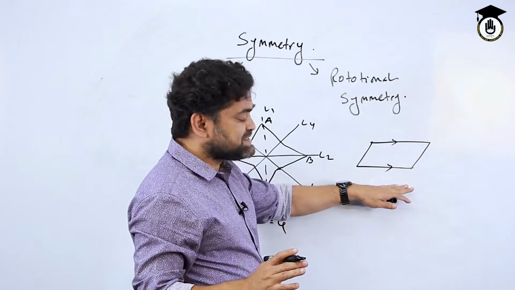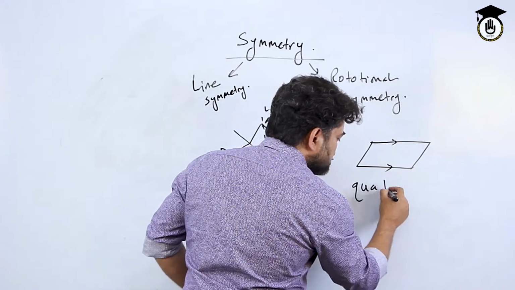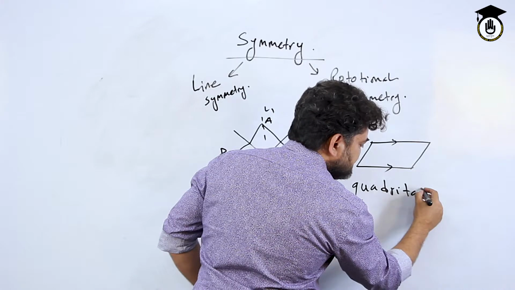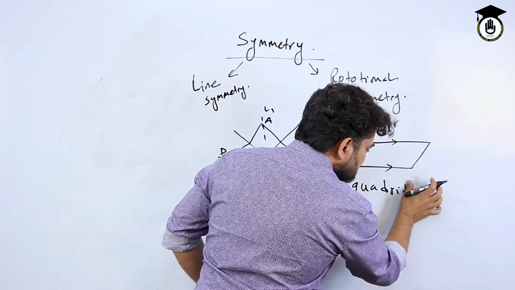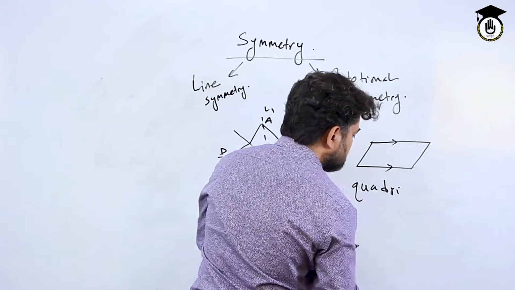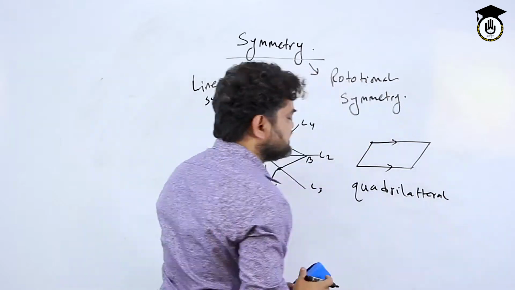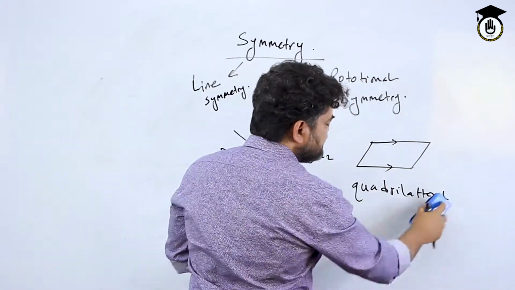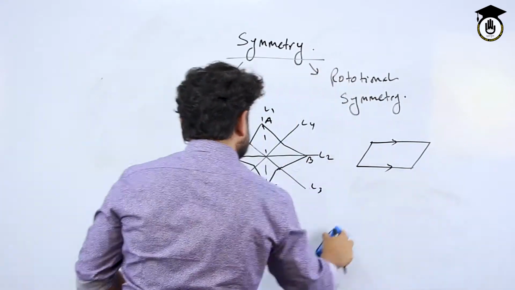It is also known as a quadrilateral. If you write it like this, quadrilateral means actually a four-sided figure. Okay? Let me write it for you very clearly.